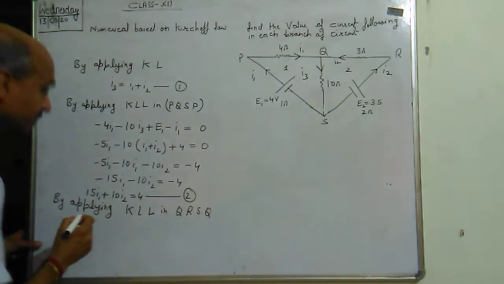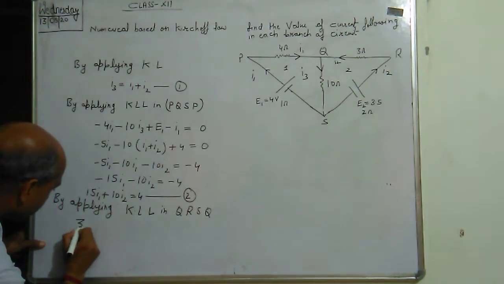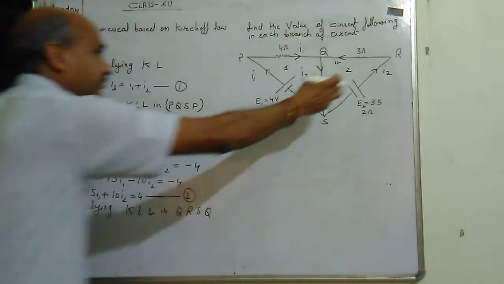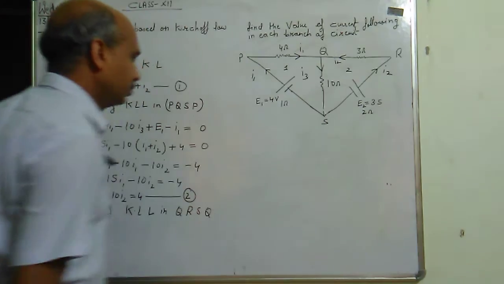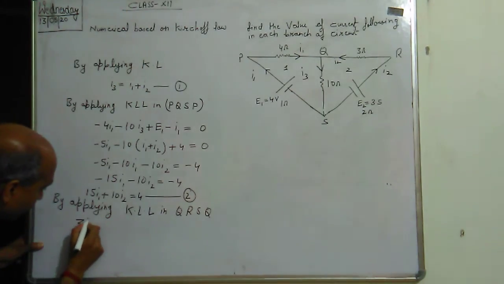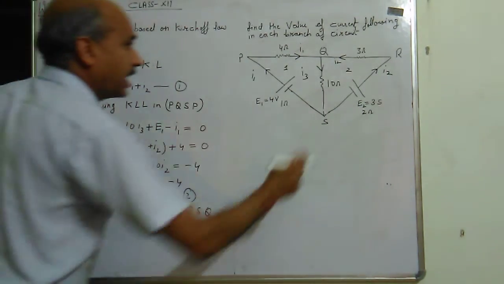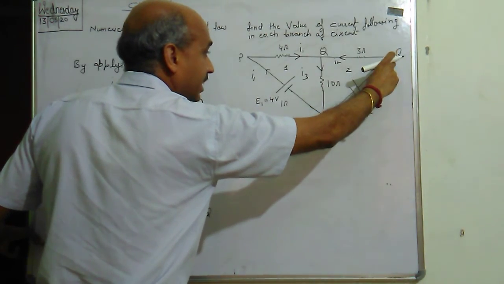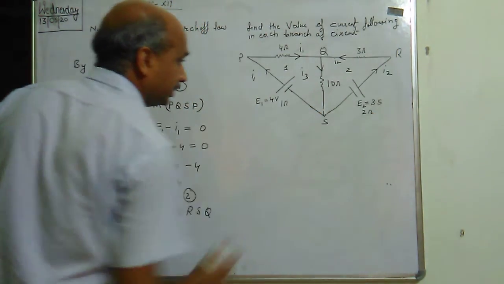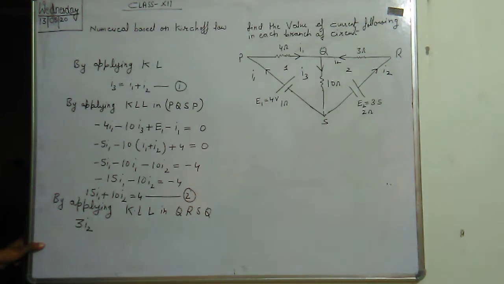So we are getting 3. The current flowing in this branch is I2. So we get 3 I2. Then we reach here, R. At R again the current is I2, and again we are moving against the direction of the current.